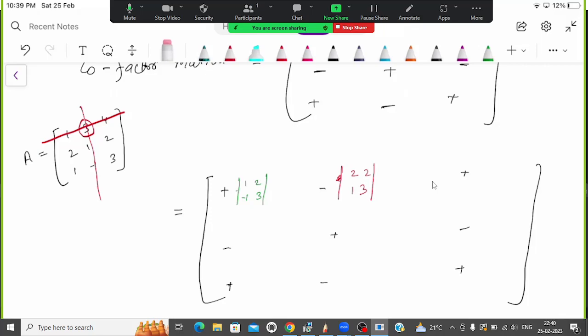Now you are here. So hide this row, this column, and write the remaining elements 2 1, 1 minus 1. Okay, minus 1 here.